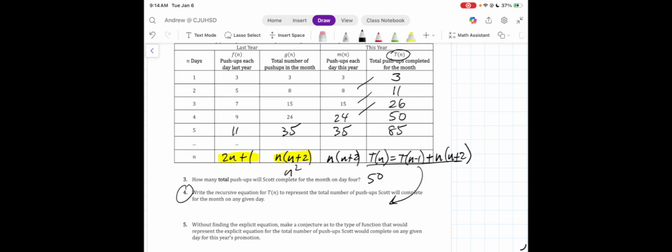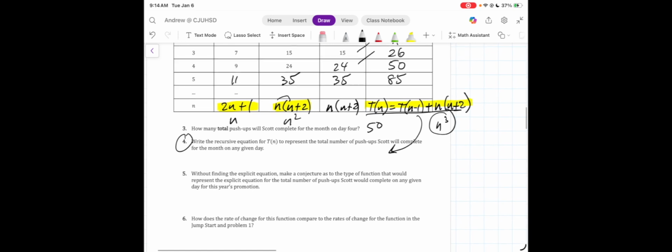You're going to get that if you distribute this. This would be n is the highest power. So that last one over here is going to give you n to the third power. It's also called the cubic function.